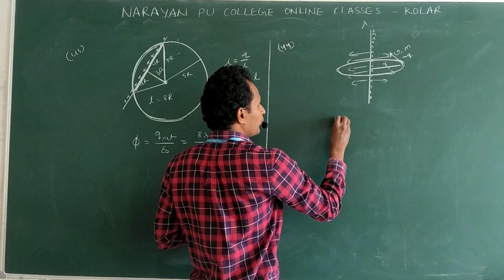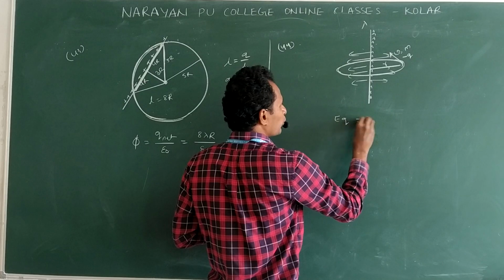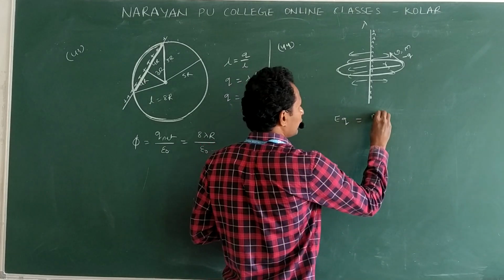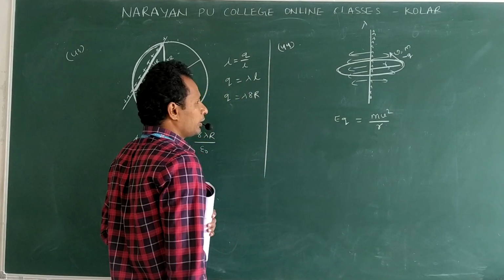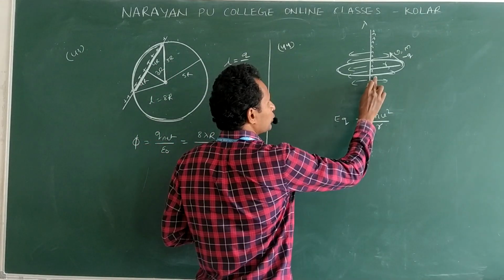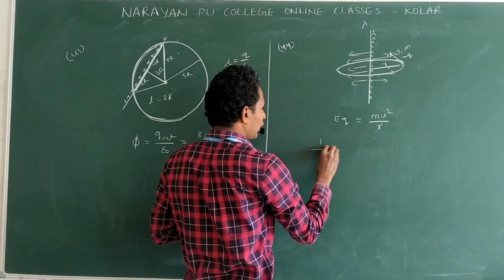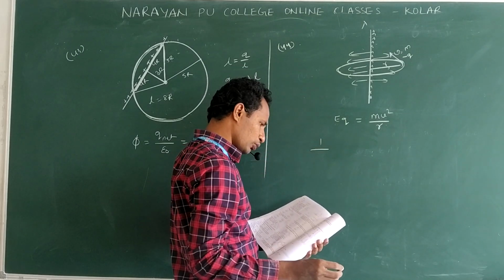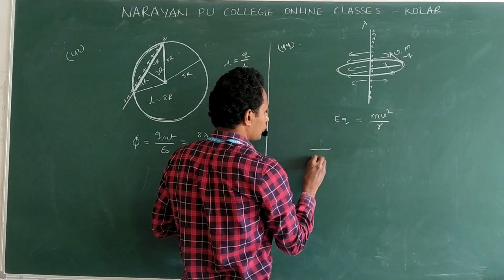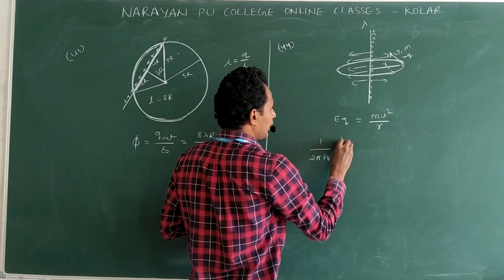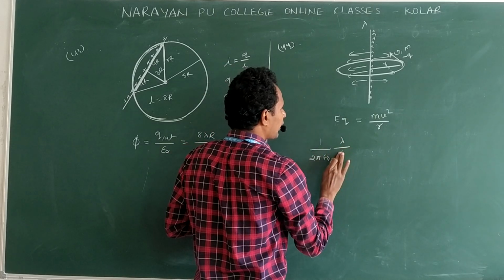Then the force will be EQ. This EQ provides the centripetal force, that is m v square by r. Clear? Now the electric field due to the wire we have already done. It is 1 by 2 pi epsilon naught lambda by r.